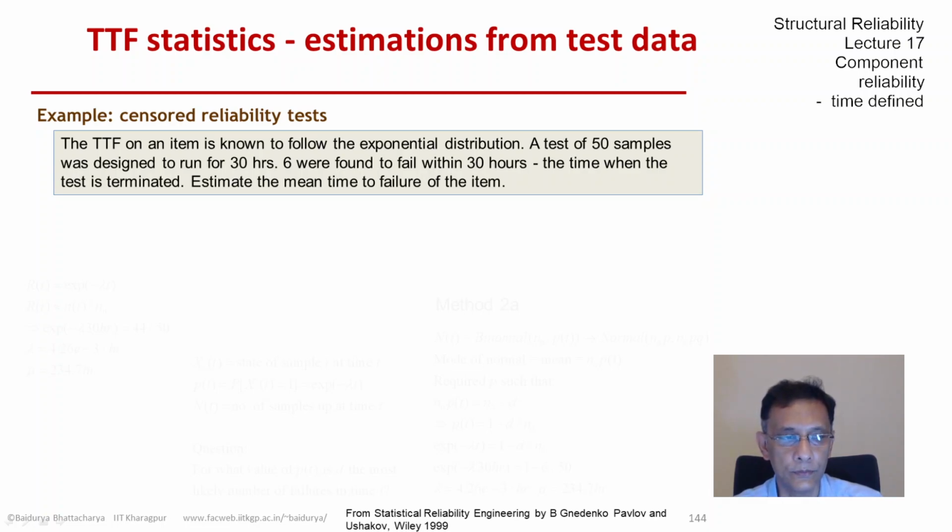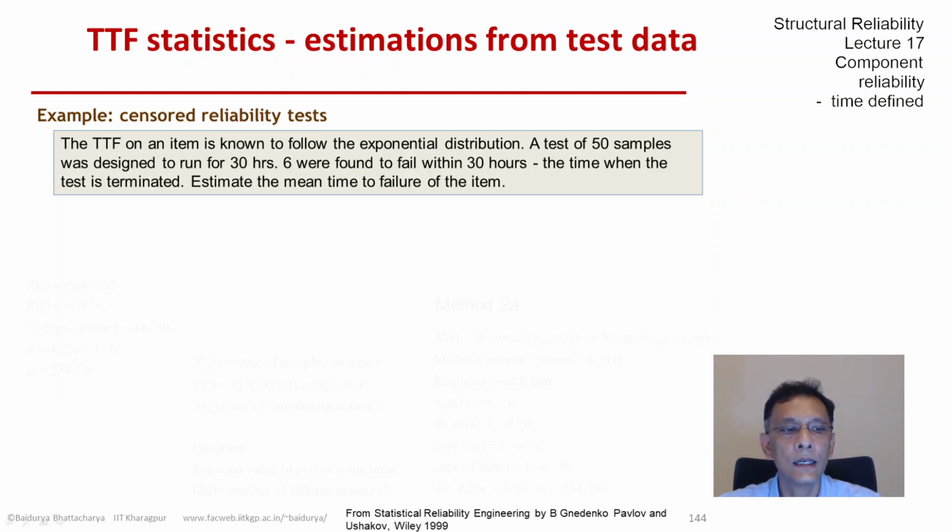That's our objective. So here we have an exponential time to failure, and all we know is that 6 failed within 30 hours out of 50. We don't know when they failed, and we don't know how it would continue beyond 30 hours because the test was stopped.